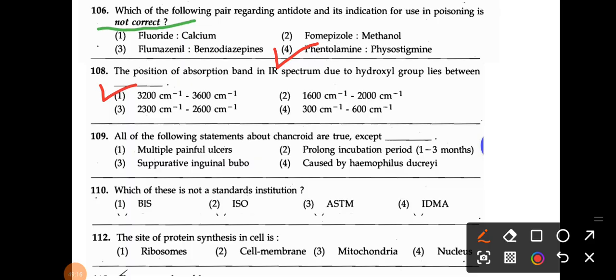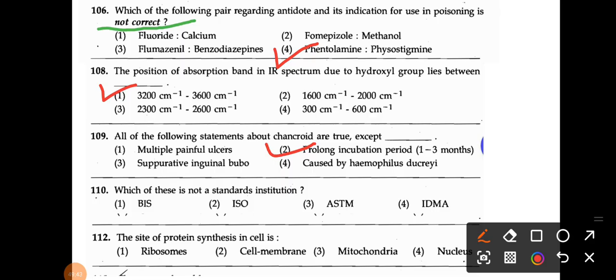So that organism is there, Haemophilus ducreyi. All statements are true except one. So what is the wrong statement about chancroid? That is the prolonged incubation period, 1 to 3 months, that is the wrong statement about chancroid.